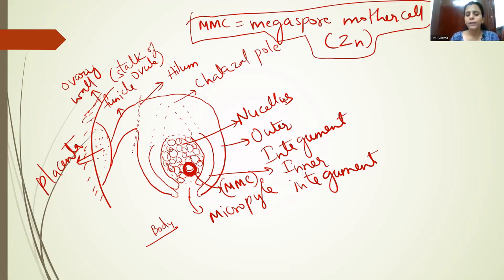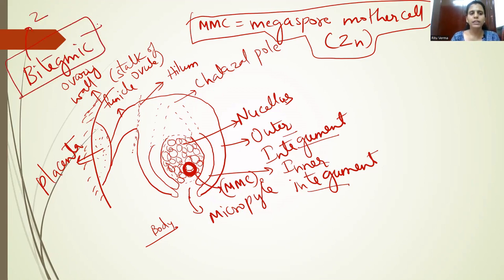Now in this ovule you can observe there are two integuments present, outer integument and inner integument. So that's why in angiosperms all the ovules are known as bitegmic ovule. The meaning of the term bi is two, and tegmic means integuments. So the ovules which contain two integuments are called bitegmic ovule.